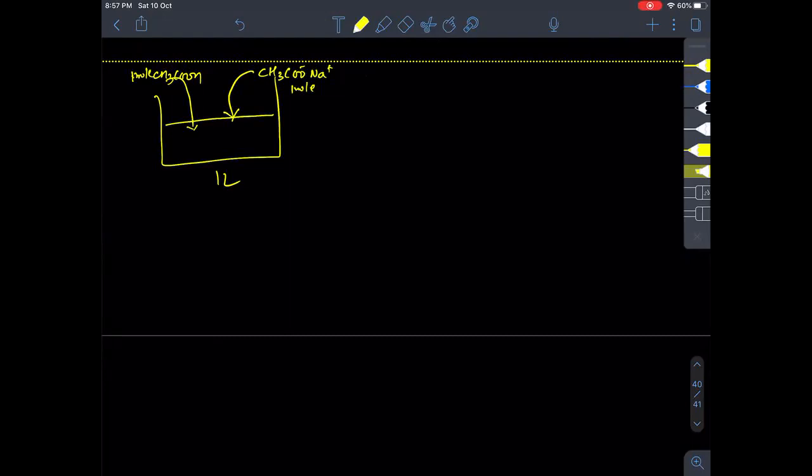Suppose only the acid is there, not this one, then what will happen? Weak acid, how does it undergo dissociation? Now if this is also added, it is a strong electrolyte, you already know.